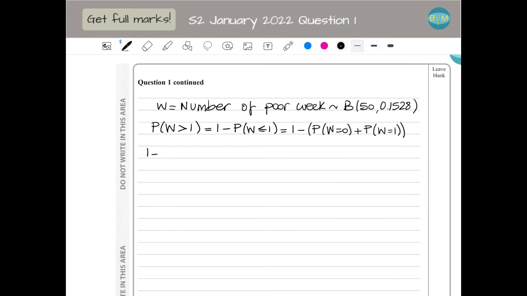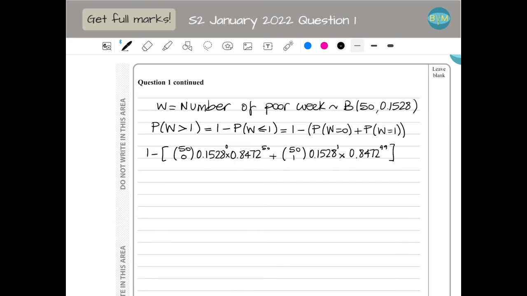So it's 1 minus, the first one is going to be 50 over 0, because x is 0, p to the power of x, p is 0.1528 to the power of 0, and then 1 minus that, which is 0.8472 to the power of 50, plus, now I'm doing the second probability, so 50 over 1, 0.1528 to the power of 1 times 0.8472 to the power of 49.